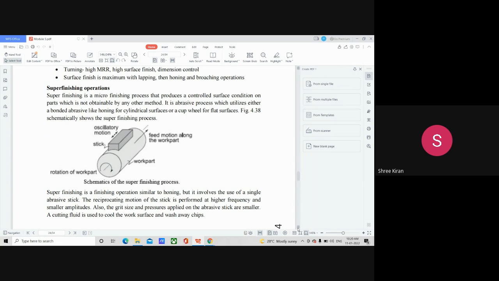It is an abrasive process which utilizes a bonded abrasive, like honing for cylindrical surfaces or a cup wheel for flat surfaces. This is what happens in the super finishing process. Super finishing is a micro finishing process that produces a controlled surface condition on parts which cannot be obtained by any other method.